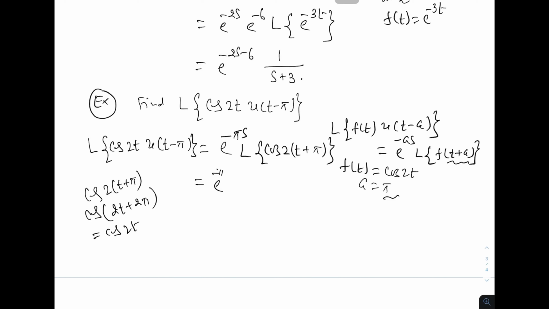So e power minus pi s, Laplace transformation of cosine 2t, and that is nothing but e power minus pi s, s upon s square plus 4. That's all.